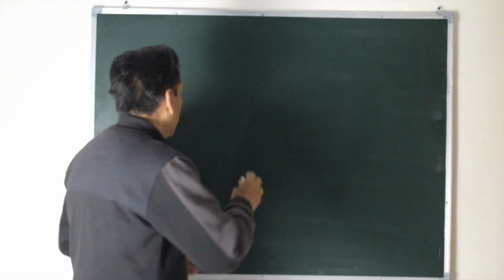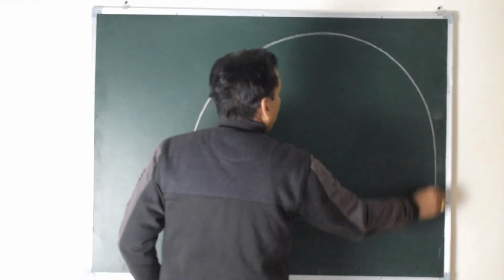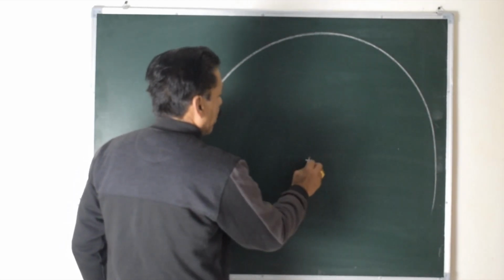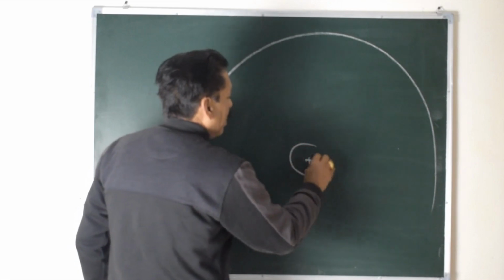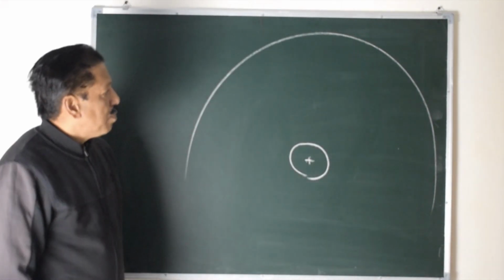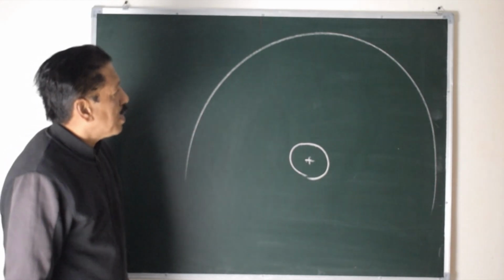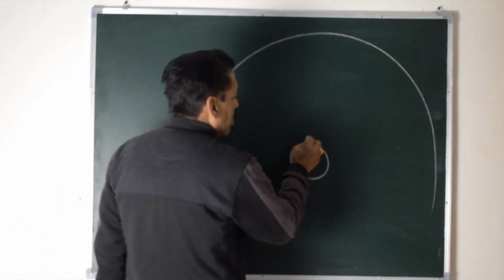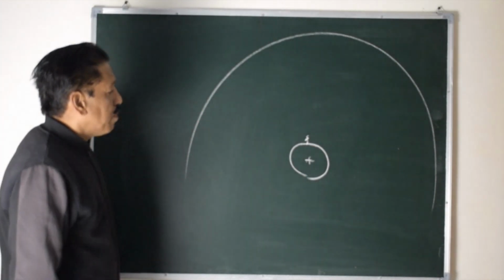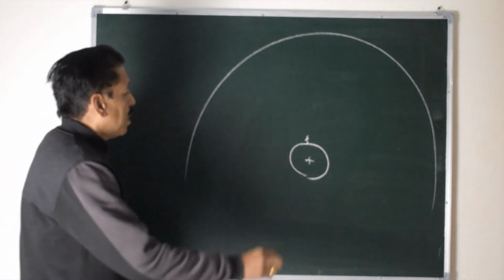So first of all, let us say this is the celestial sphere. If this is the center of the celestial sphere, let me draw the Earth in exaggerated proportion compared to the celestial sphere. On the topmost part, I show you the observer with a certain height of eye.